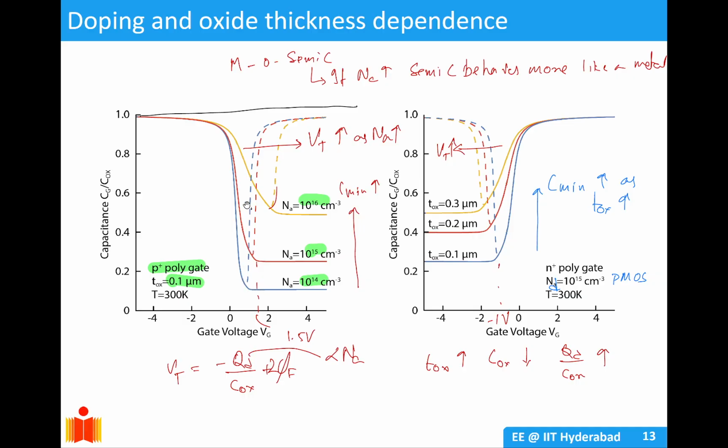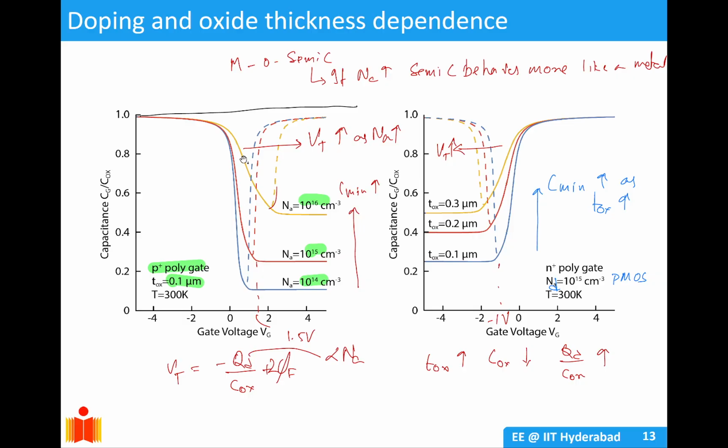So see here, these dotted lines represent LFCB curves. You can see VT. So this transition point is your VT, threshold voltage.